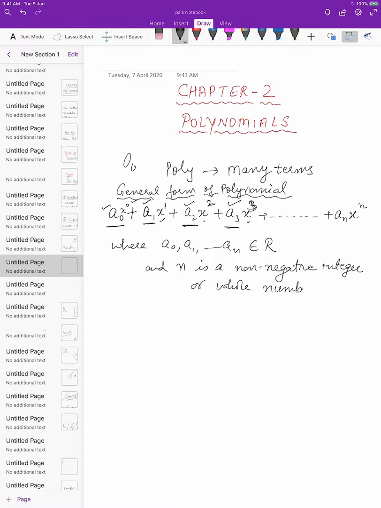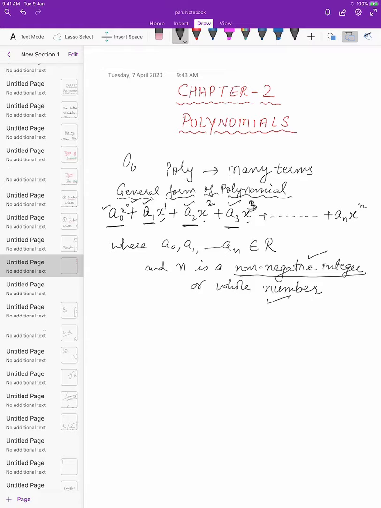But normally you will see this terminology used everywhere, non-negative integer, which I have already explained, that there is no difference between a non-negative integer and a whole number. So I will say the power of the variable should be a non-negative integer.